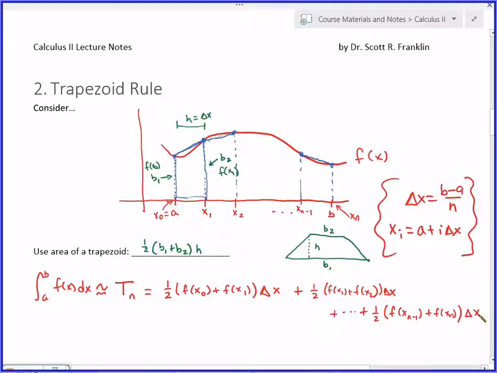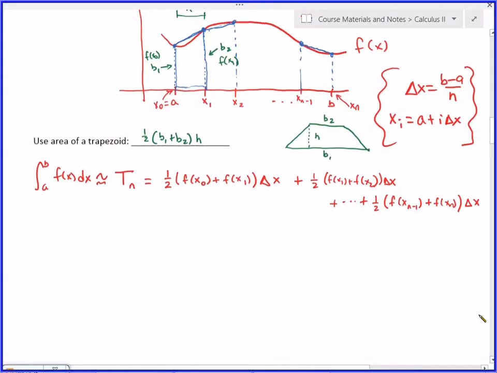You've just added up those n trapezoids. So that's where it comes from.